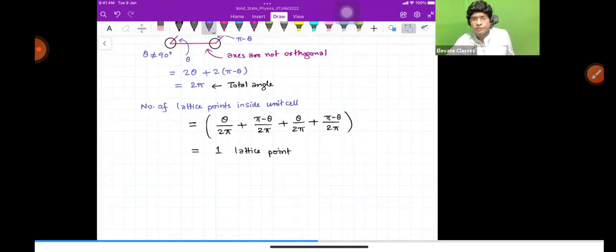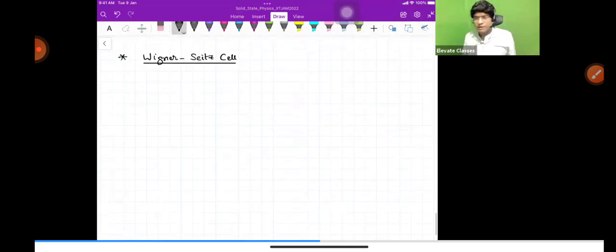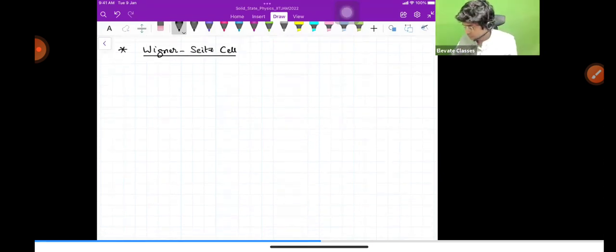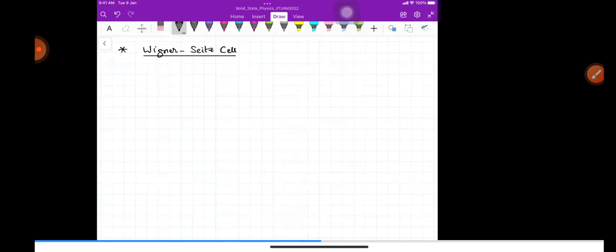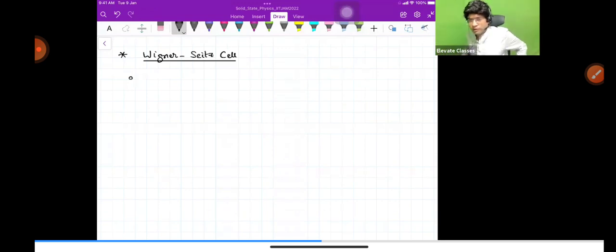So moving on. Now we have another way of constructing a primitive unit cell, which is the Wigner-Seitz cell. Here you have to follow an algorithm. Do you know what an algorithm is? What is an algorithm? It's steps, a procedure you follow to accomplish something.